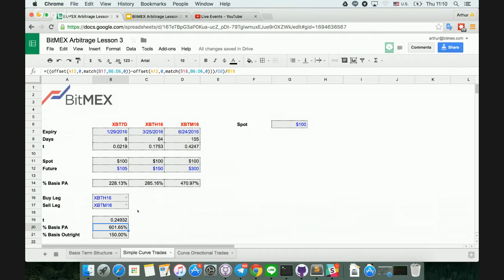Now, what we want to look at is on an outright basis. So assume that we are selling the M16 and buying the H16. We have positive carry because we are selling something that is more expensive, receiving interest rates, and we're paying interest rates by buying the near dated, or the H16.